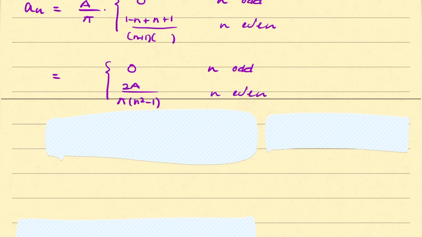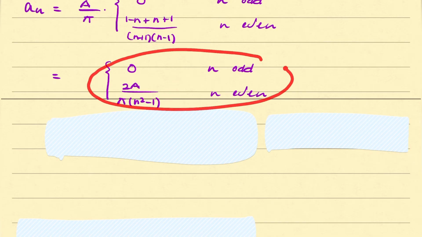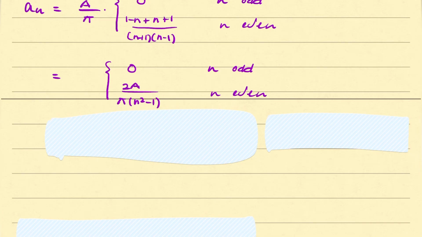So 1 minus n minus 1 and plus 1 will give you n squared minus 1. That just looks a little bit neater. So that's my final expression for an. I think we can leave it at that.